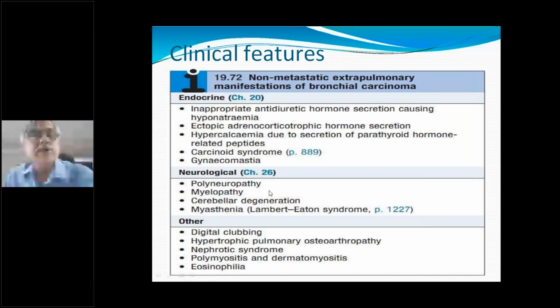Paraneoplastic syndromes may also cause polyneuropathy, myelopathy, cerebellar degeneration, myasthenia, that is Lambert-Eaton syndrome. Other manifestations of paraneoplastic tumors: digital clubbing, HPOA, nephrotic syndrome, polymyositis, dermatomyositis, and eosinophilia.